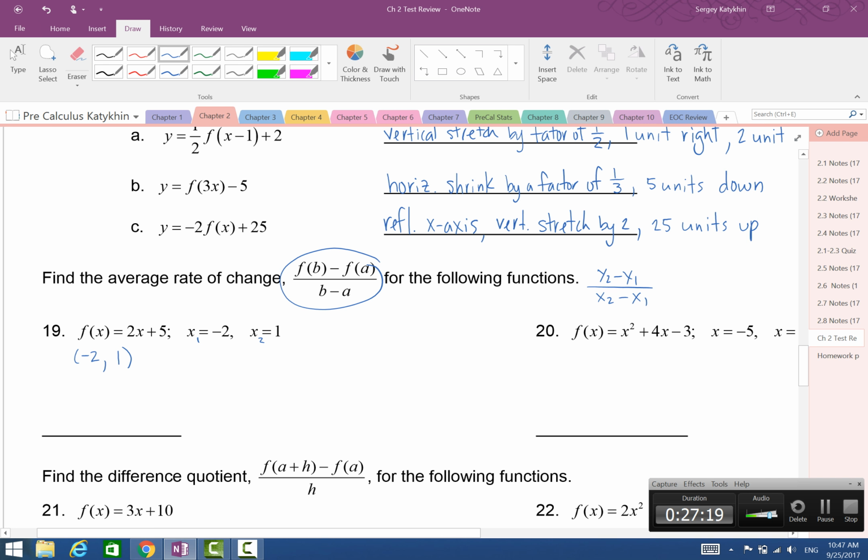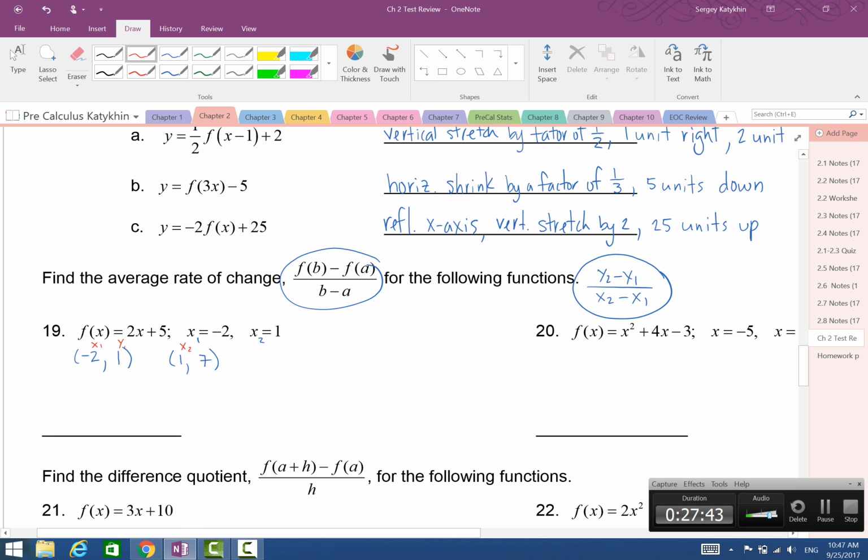So that gives me the first point. The second x would be 1. Again, plug that into there. It would be 2 times 1, which is 2, plus 5, which would be 7. So I got my second point. Now use this equation, how to find the slope, except label your points. Make this x1, y1.